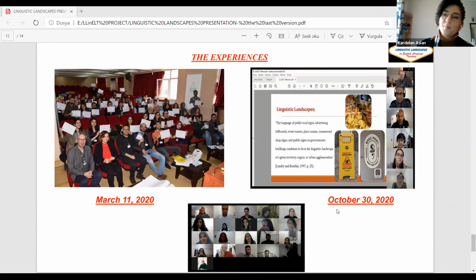And also I'm of the opinion that it makes it really effective while we are integrating some of the materials we have in our hands into our EFL classes. And it's really enjoyable to use linguistic landscapes in our courses, because we use so many visual elements and so many different materials. So it's something varied. It's not something classic. So I'm really thankful to be a part of this marvelous project.